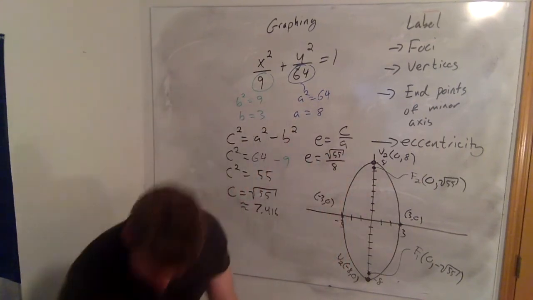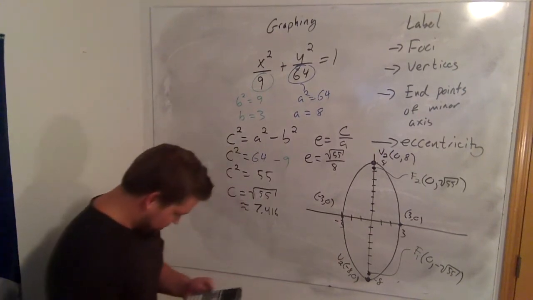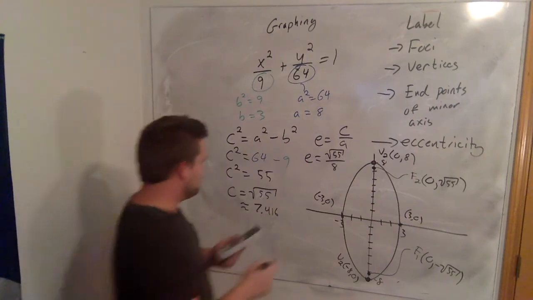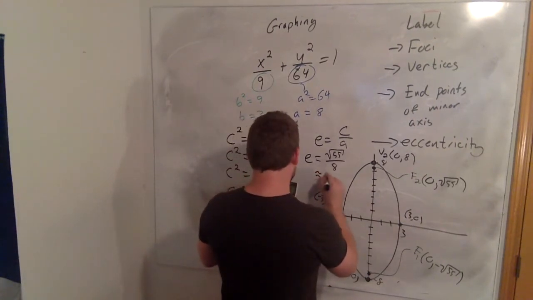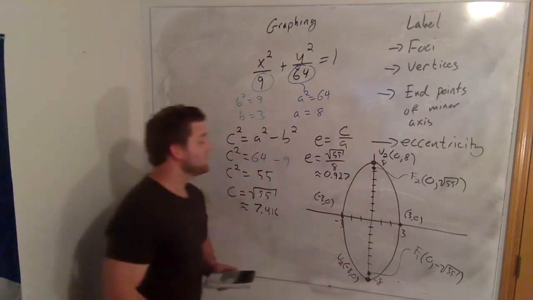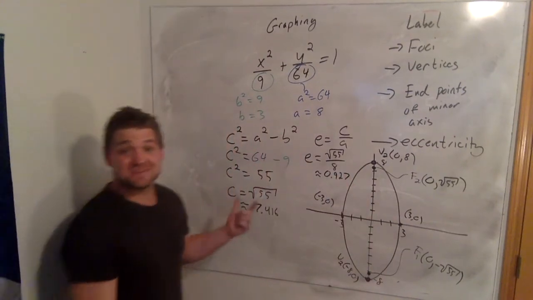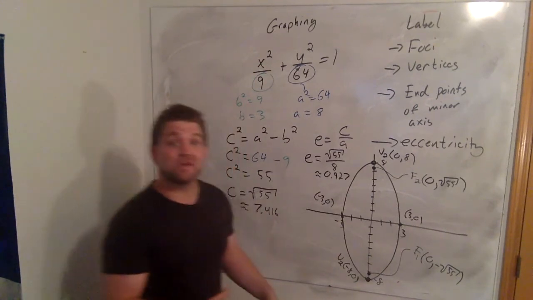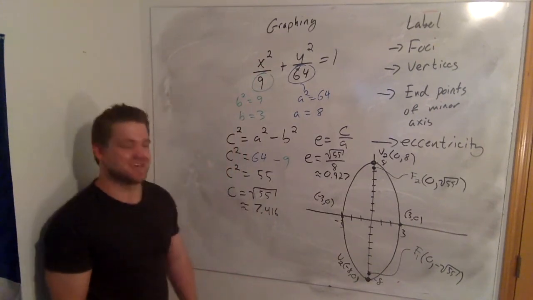We can use our calculator. The square root of 55 divided by 8, we're getting 0.927. So notice that the eccentricity for this example was bigger than the last example. That means that this ellipse is more elongated than the ellipse in the previous example. Cool.